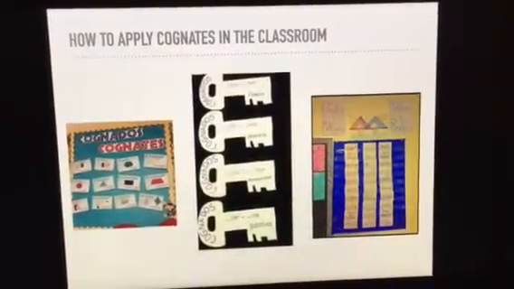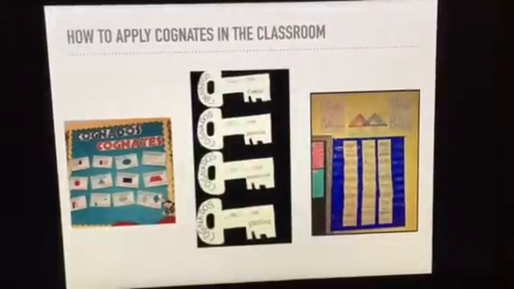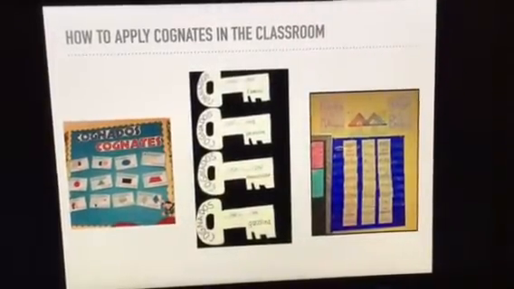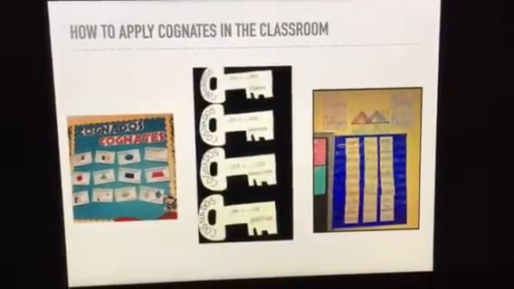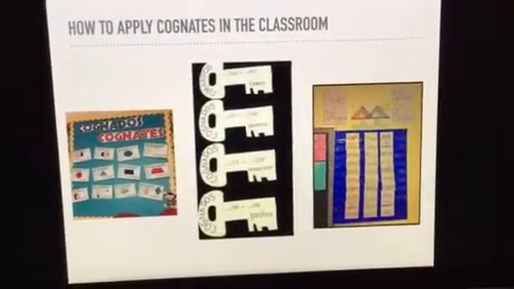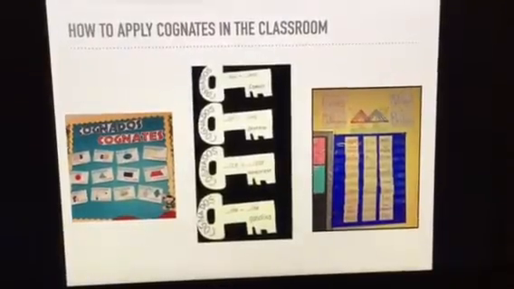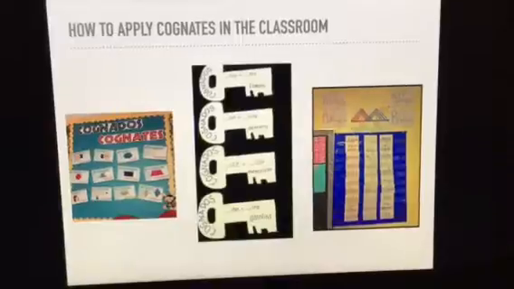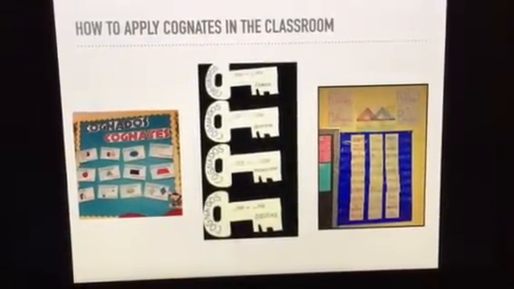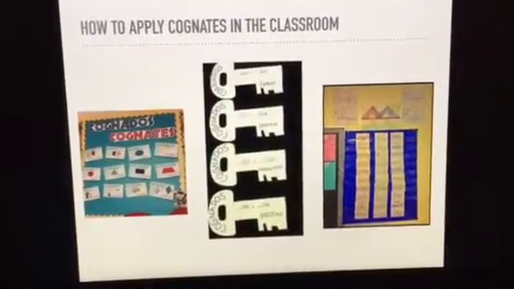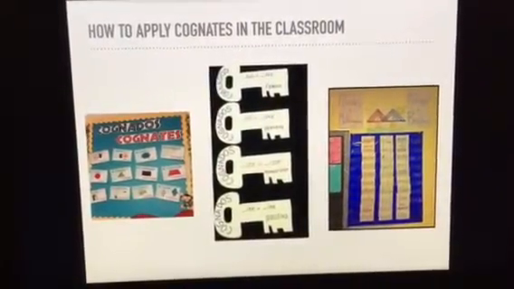Now we're going to focus on how to apply cognates in the classroom. The first way to do so would be with a word wall. And here we have 3 examples of cognate word walls, all with different types of uses. From left to right, you can see we have Spanish cognates being used for geometry terms.